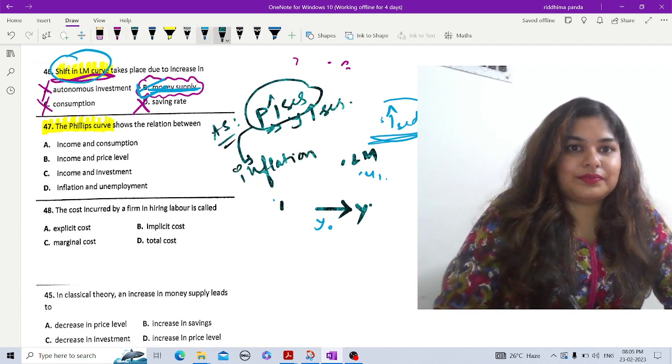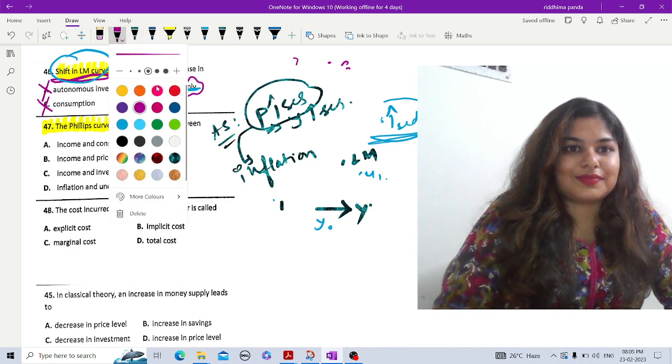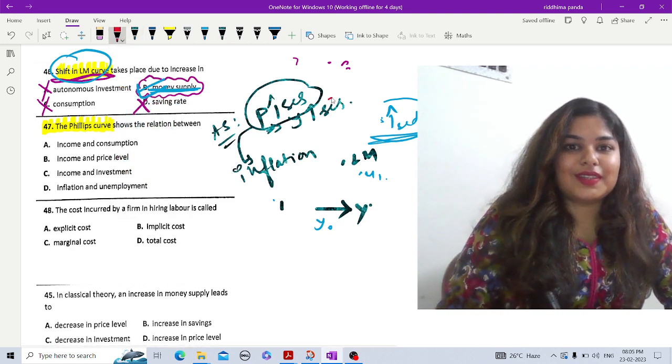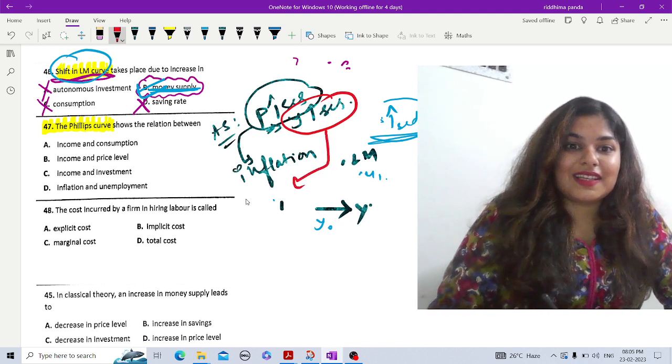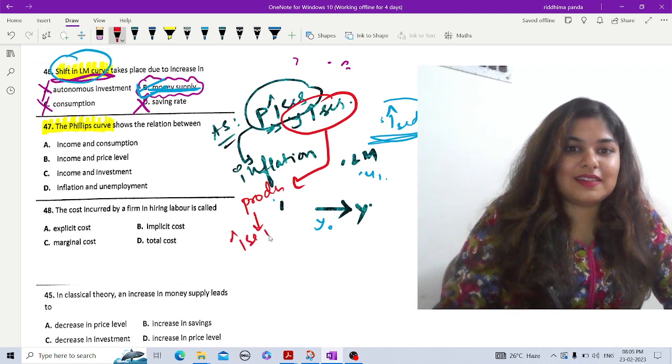And an increase in Y implies what? Production, thus an increase in employment.